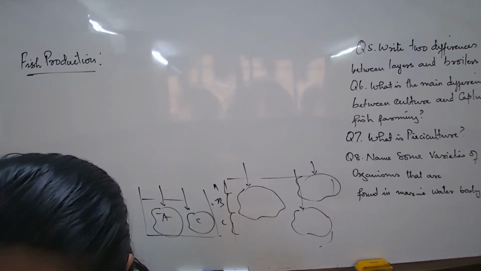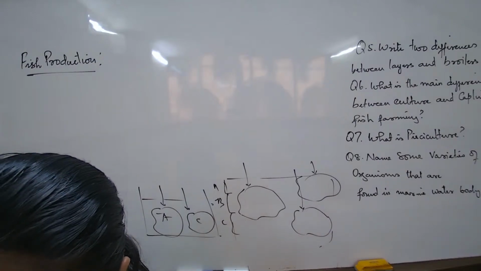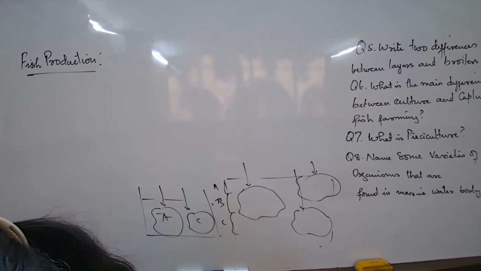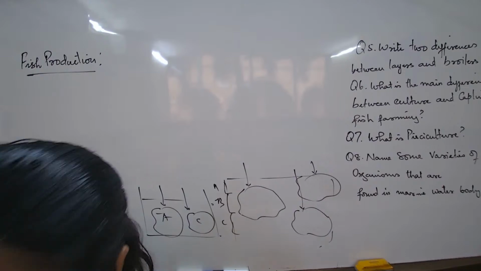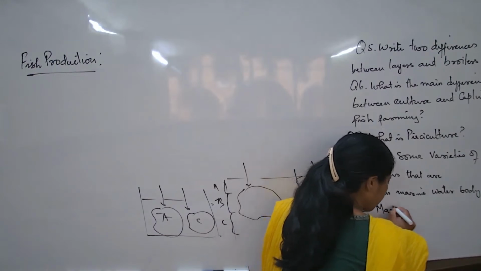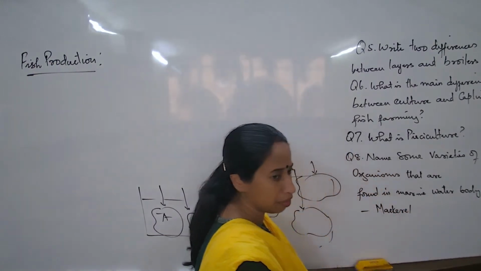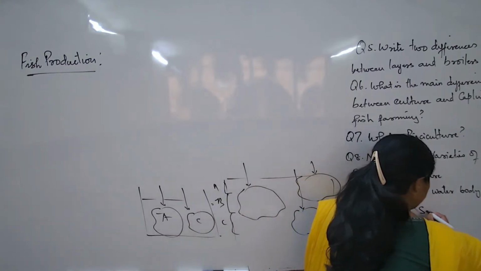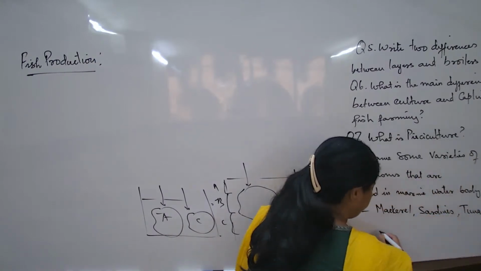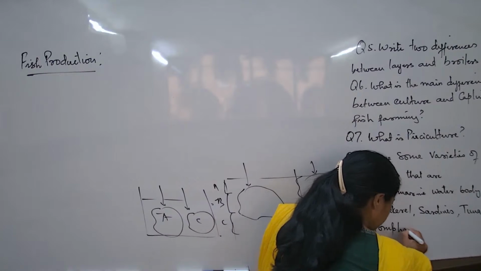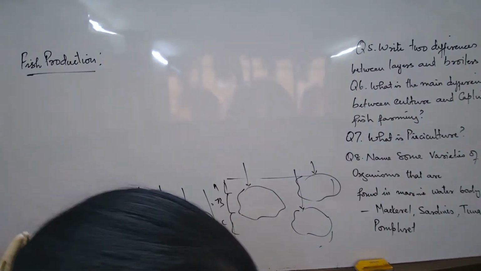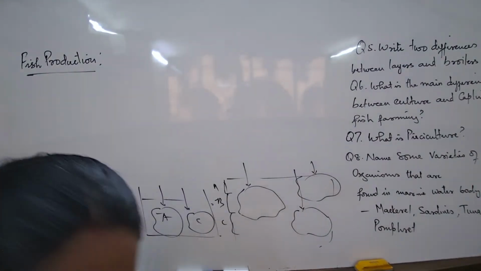Some commonly cultured marine fishes are sardines, mackerel, tuna, pomfret.